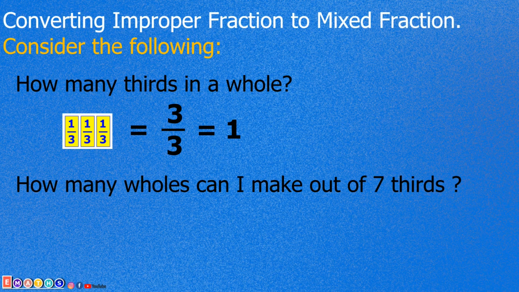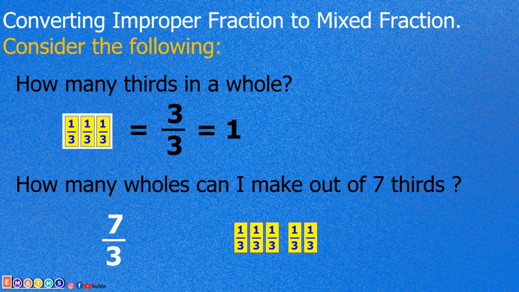How many wholes can I make out of 7 thirds? Here in the example, we've got 7 thirds. 1 third, 2 thirds, 3 thirds, 4 thirds, 5 thirds, 6 thirds, 7 thirds. 3 thirds we know makes up 1 whole.